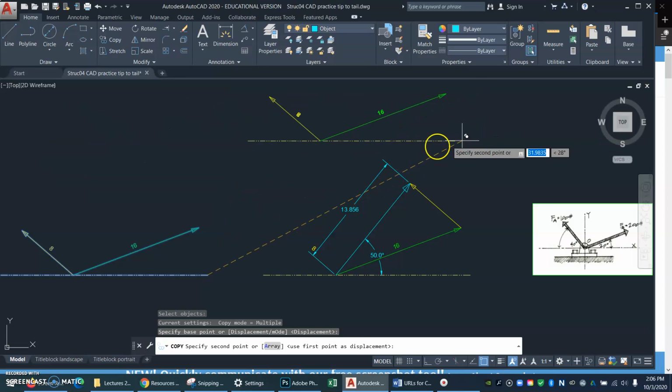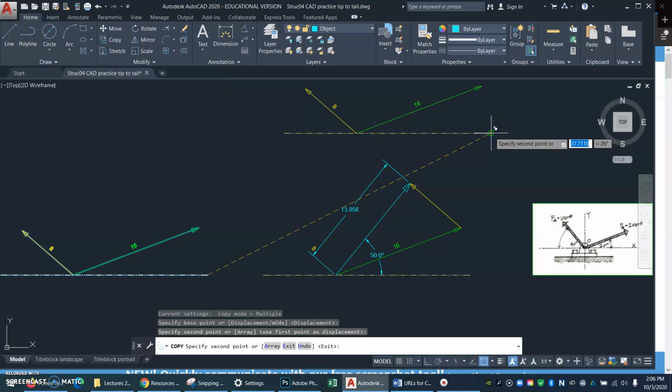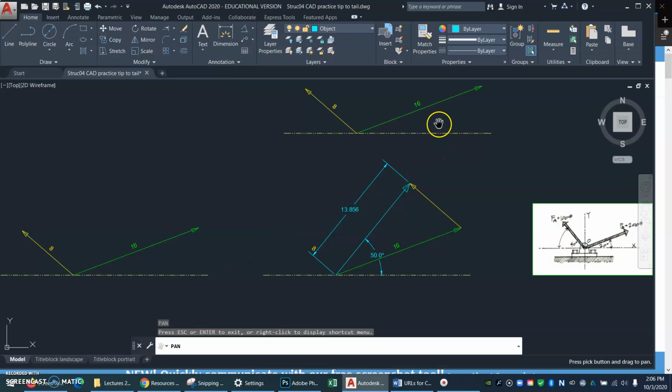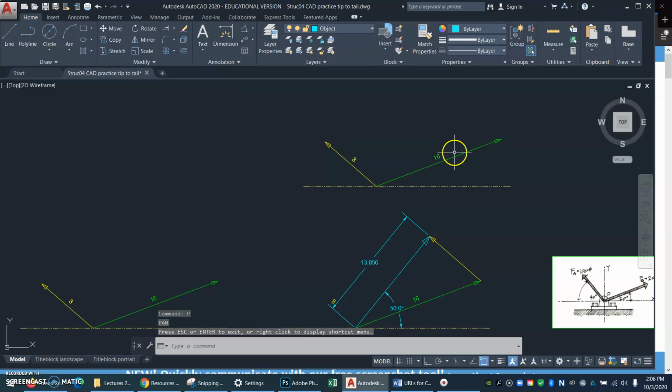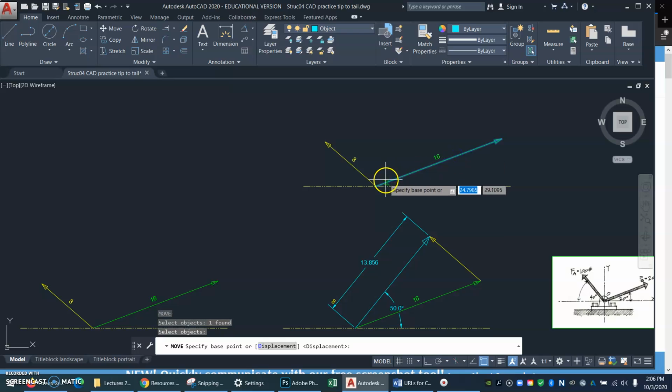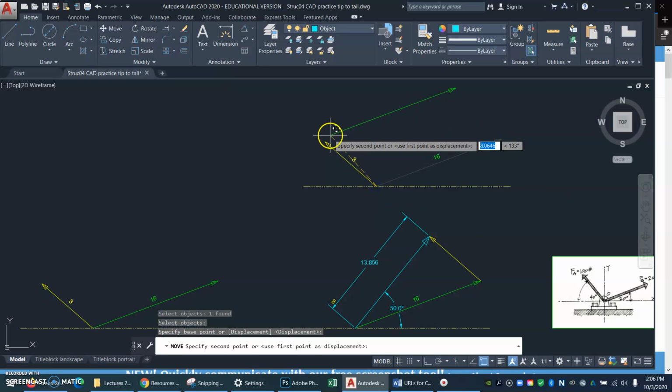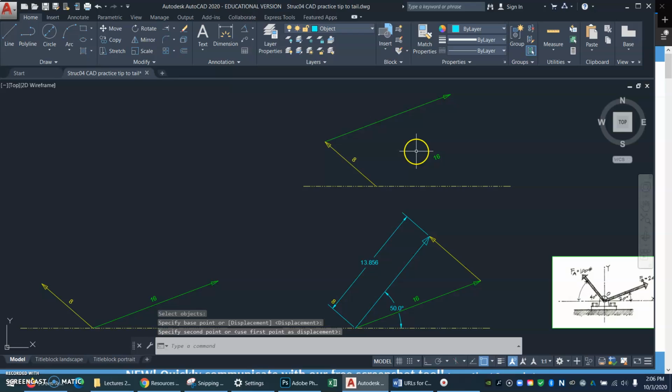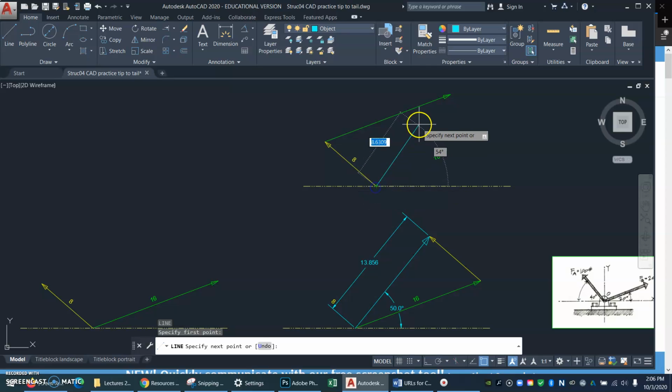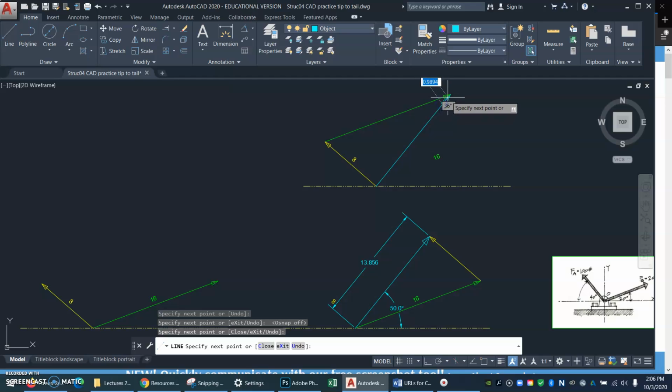And now, this time, I will take this long line and stick it onto this short line, also tip to tail. Now, when I start at the start point and head off to the end point, there's my arrow.